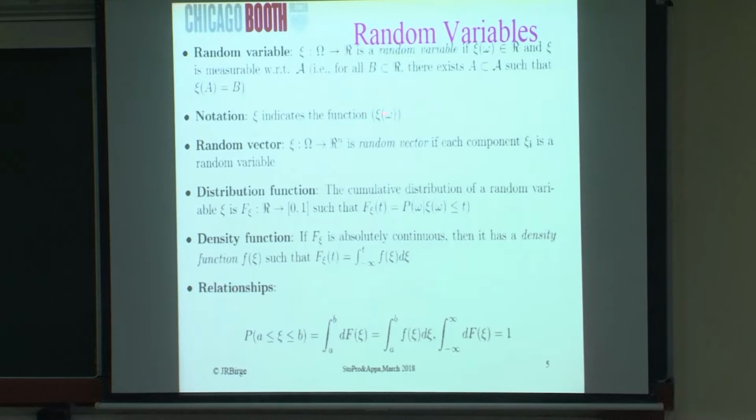So C is acting on those omegas. So then you can think of it as, okay, what is C of omega in any particular part of the real numbers? So I'll use C of omega to represent those.